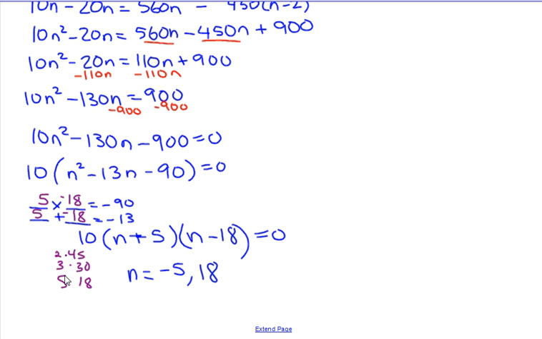Negative 5. Why? Can't have negative shirts. So therefore, there were 18 shirts in her box that she bought in the case.